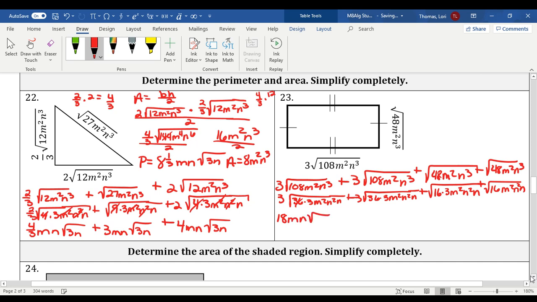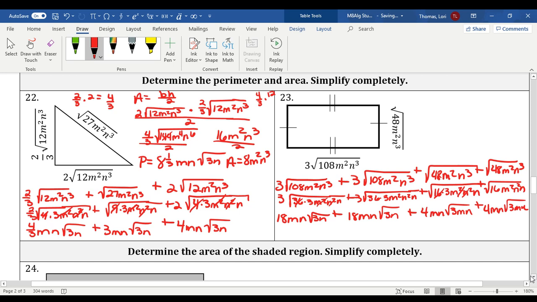Mn 3n plus another one of those. Square root of 16 is 4. Mn. And one more of those. So I have 18 and 18.